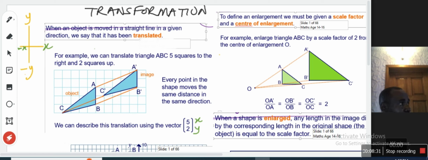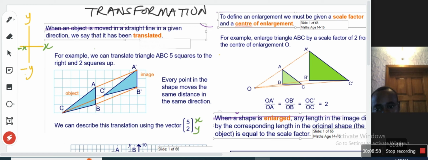And the 2? 2 places vertically. That's positive y. That's all. So I'm moving 1, 2, 3, 4, 5, then 1, 2. This will be the new position of A.